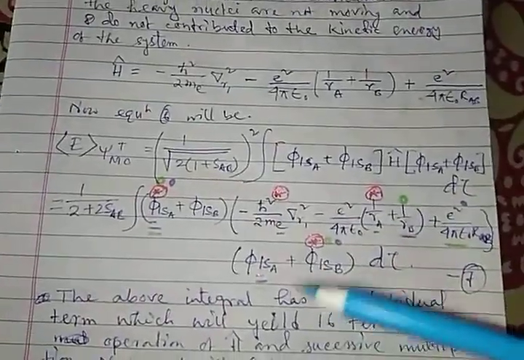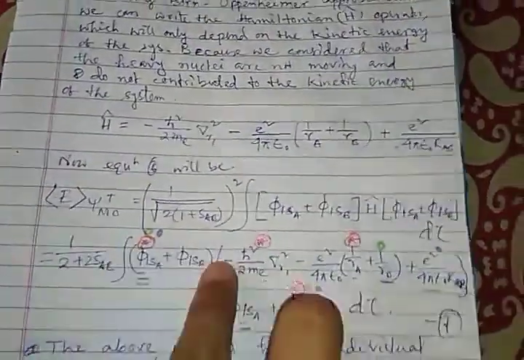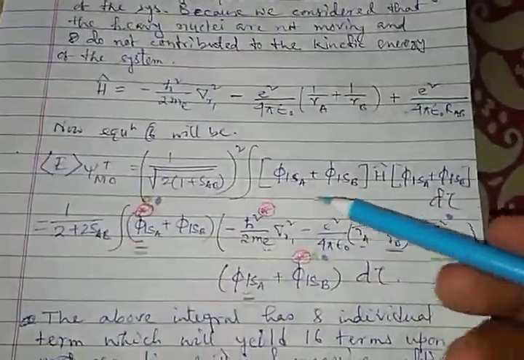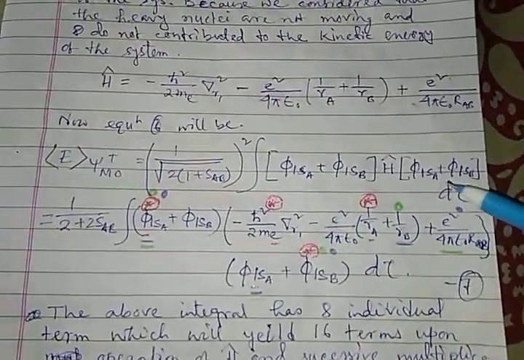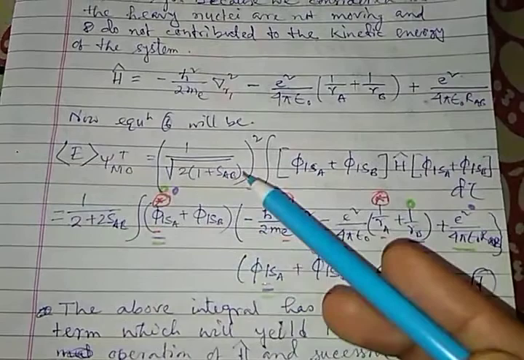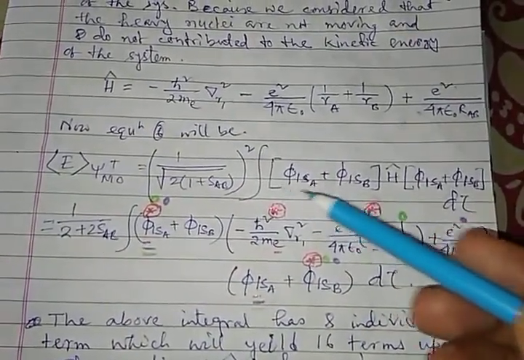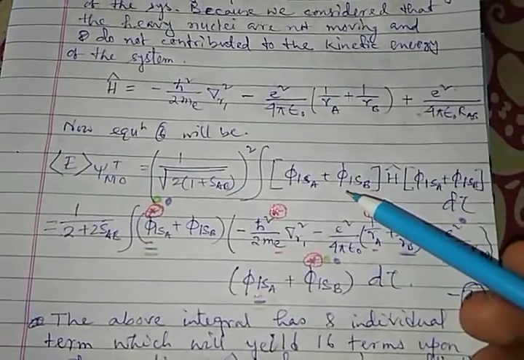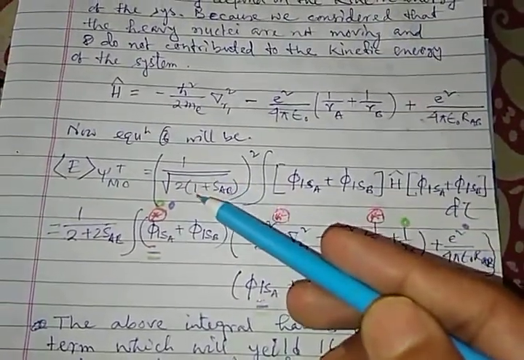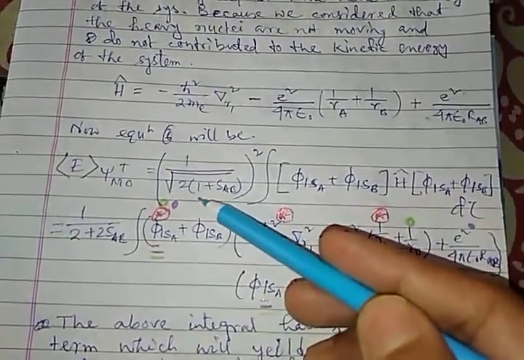Now if I put the Hamiltonian into the previous equation, then it will look like this. Okay, now I can do this because for the first function psi MO plus, I have a 1 by root term, and for the second again I have a 1 by root term.